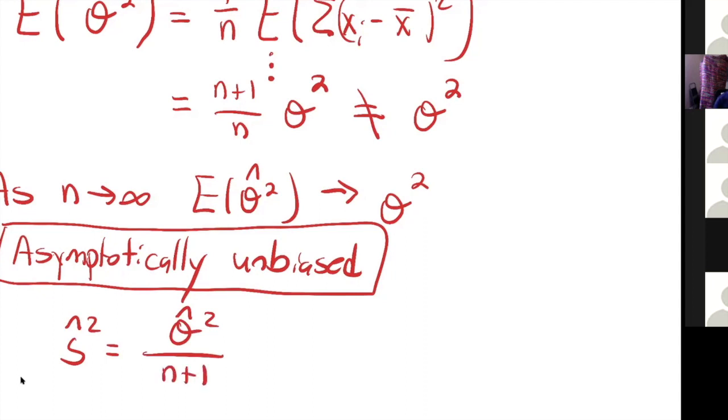What you can see is that if I took that original estimator and I multiplied it by this, this would fix the biasedness, right?